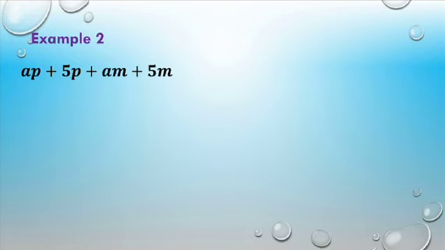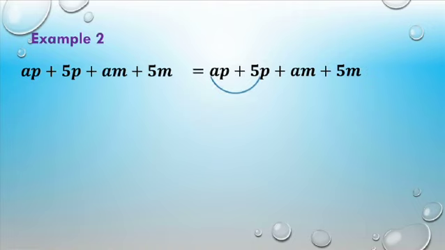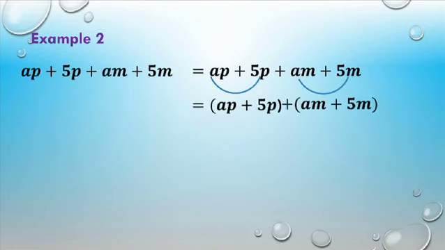A second example, ap plus 5p plus am plus 5m. So again, I'm going to consider the first two terms and the last two terms together. So first two terms, I have ap plus 5p and I can see that p is common. So I take p outside and I'm left with a plus 5.